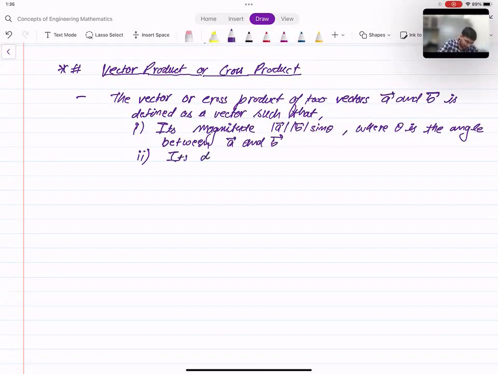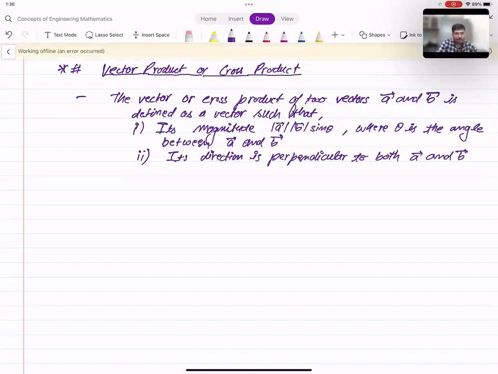Okay. So its direction is perpendicular to both vector A and vector B. And the method to determine the direction is through the right hand thumb rule or right hand screw rule.